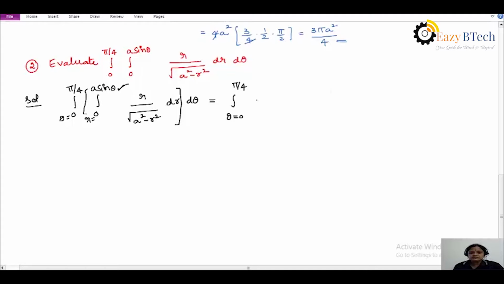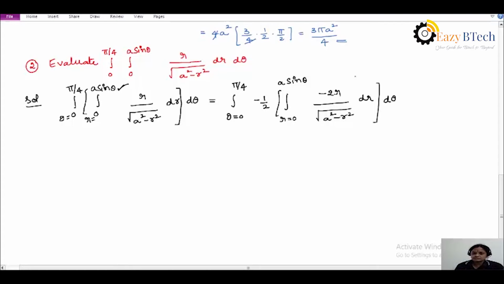So I am multiplying with minus 2 and dividing with minus 2 here: a sin theta, minus 2r by root of a square minus r square, dr and again d theta. So I multiply by minus 2 and do the same division. If you cancel this minus 2 and this minus 2, the problem remains as it is, r by root of a square minus r square.